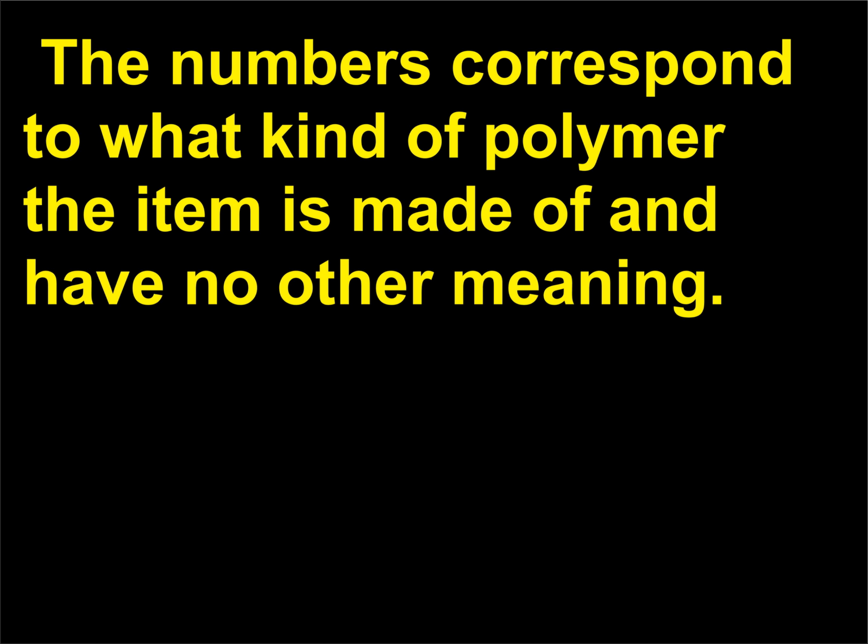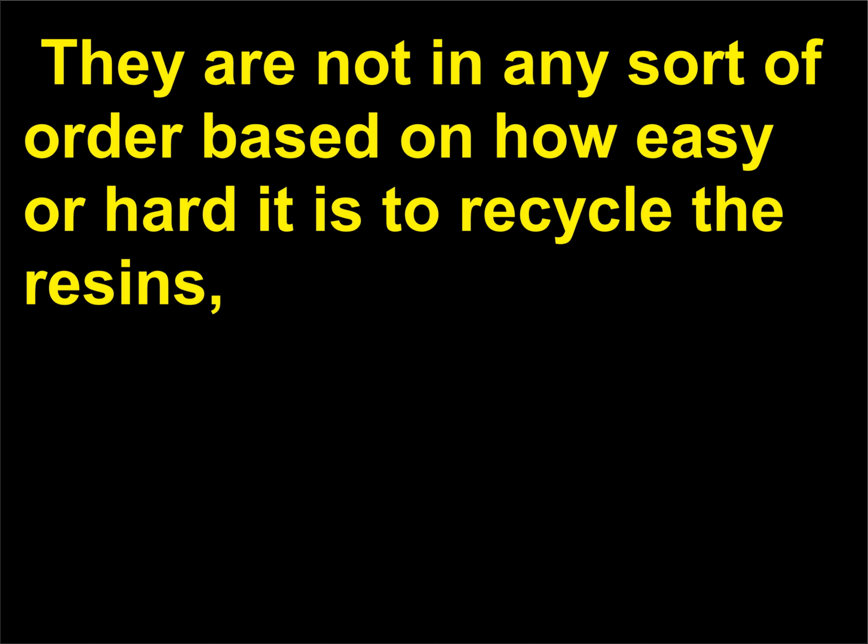The numbers correspond to what kind of polymer the item is made of and have no other meaning. They are not in any sort of order based on how easy or hard it is to recycle the resins, despite rumors you might have heard about this.